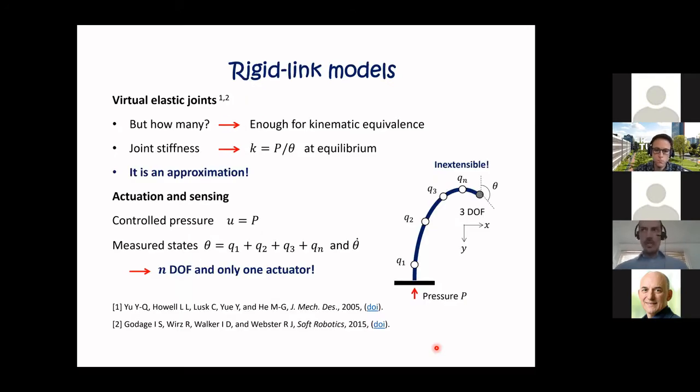So there are many ways to model these types of systems, and actually we've seen a few today. What we use is a fairly simplistic approach, which relies on the idea of rigid link models with virtual elastic joints. This concept stems from the work on pseudo-rigid body models, which appeared in the early 2000s.